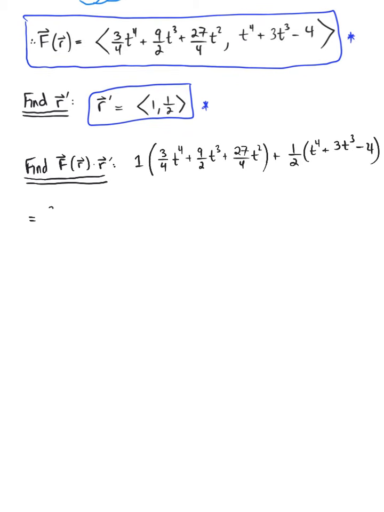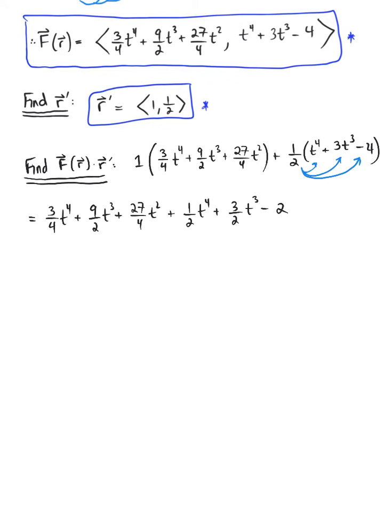So we've got 3/4 t to the 4th plus 9 halves t cubed plus 27/4 t squared. And now we can go ahead and distribute this 1/2 through to each term, which leaves us with plus 1/2 t to the 4th plus 3/2 t cubed minus 2.